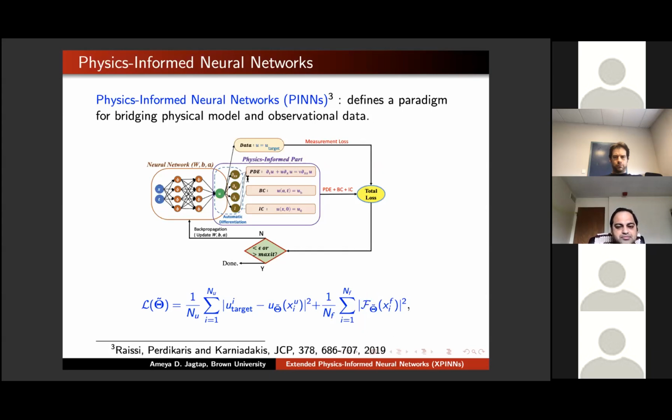In this case, we are calculating all the derivatives in the PDE using automatic differentiation, which is accurate to machine precision. Our target is to minimize this loss function. Basically, we are transforming the original PDE problem into an equivalent optimization problem, and our job is to minimize this loss function.